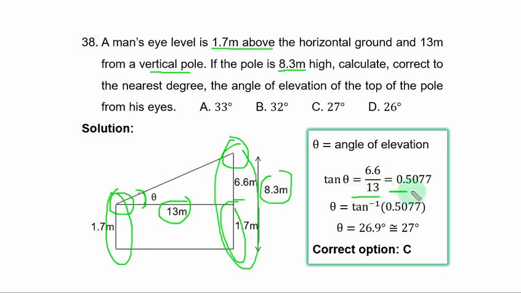If you divide, you have 0.5077. To get theta, you take the inverse tangent of this value, and that gives theta equal to 26.9 degrees. To the nearest degree, you have 27 degrees. C is the correct option.